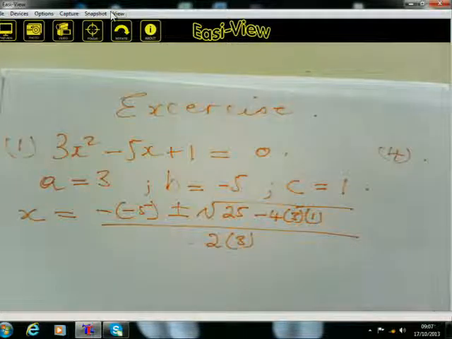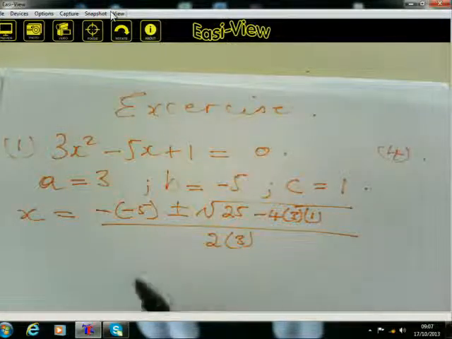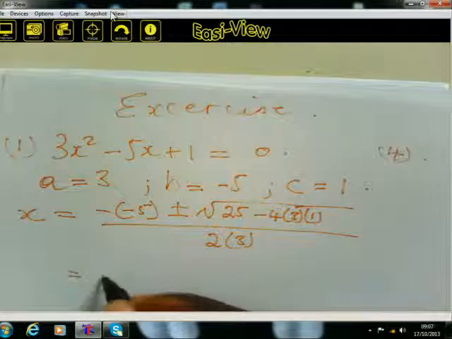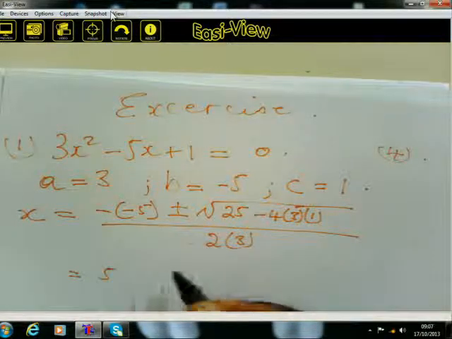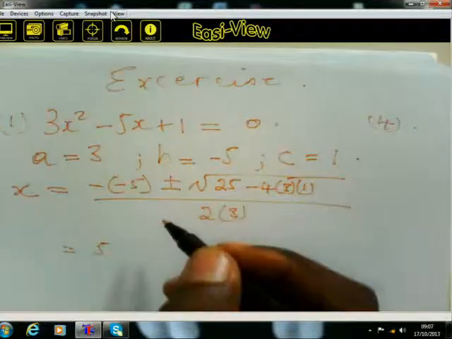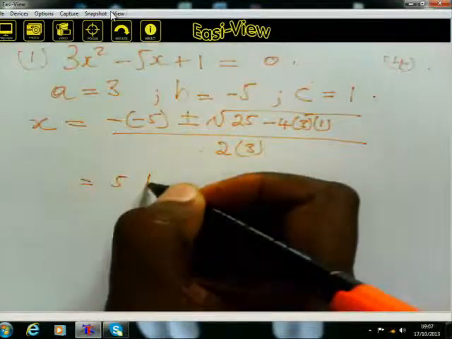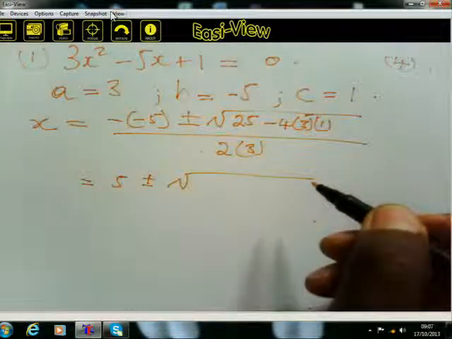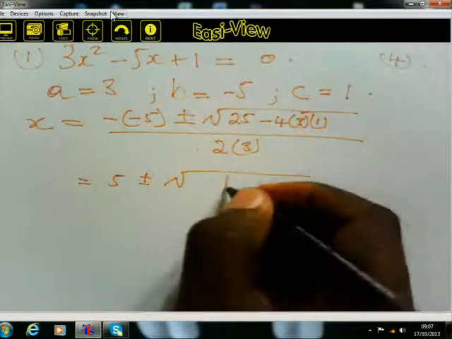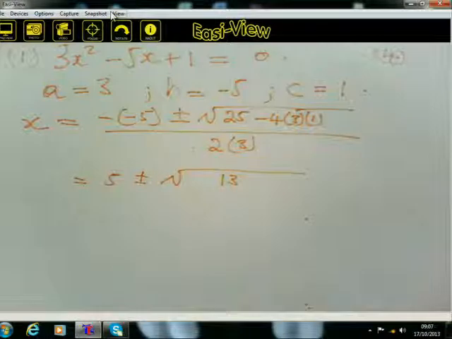Now, this will bring me to a positive 5, that one there, plus minus the square root of 13. It must be the square root of 13.